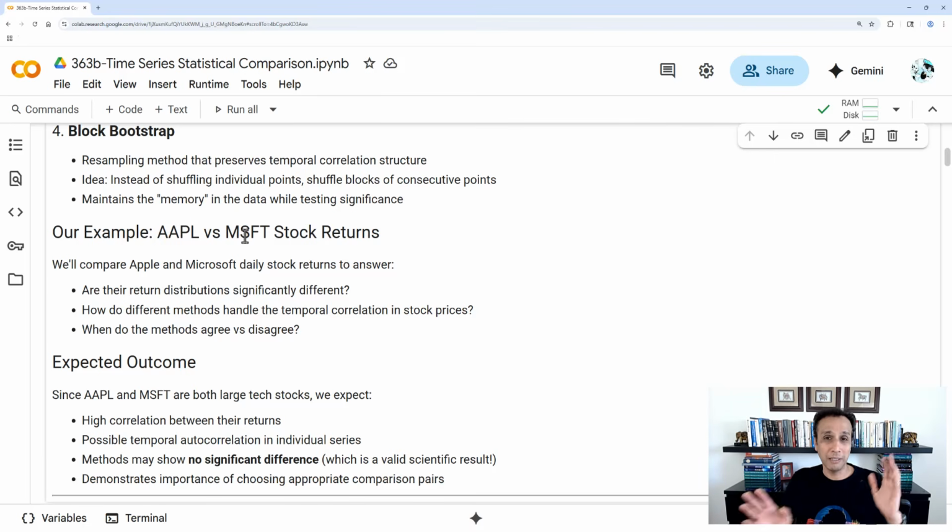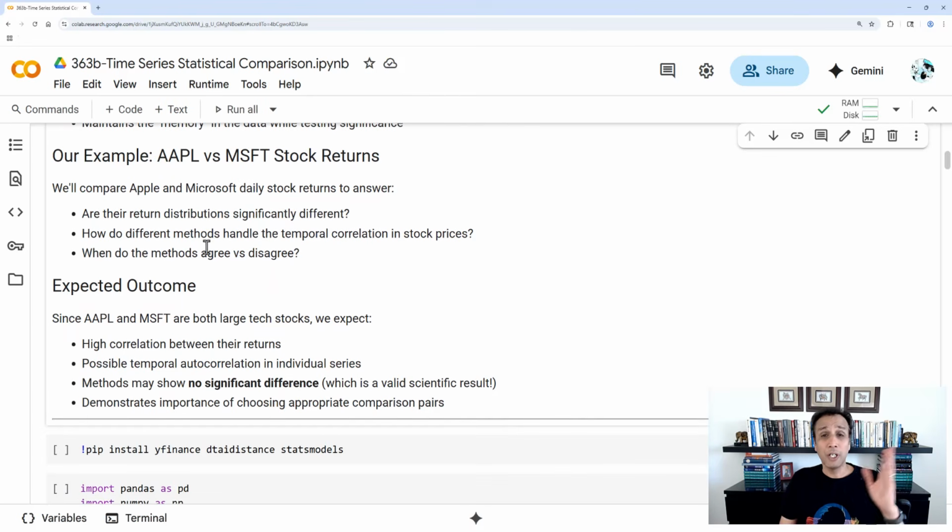So you'll always have some ups and downs, but on average, they should go up or down responding to the market conditions, because they both are pretty much technology stocks. Tesla may have a bit more volatility. Probably the same with NVIDIA. I'll let you change those. Just search for Apple in this code and replace it with whatever you want, or even non-stock data. Go ahead and test that out.